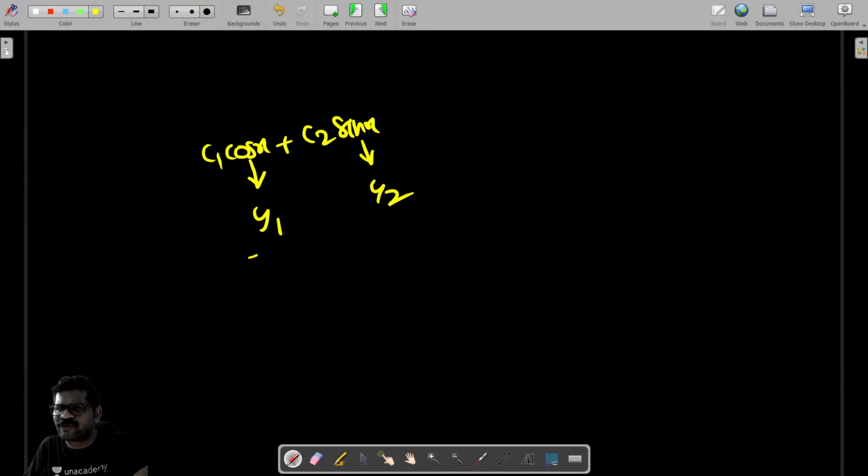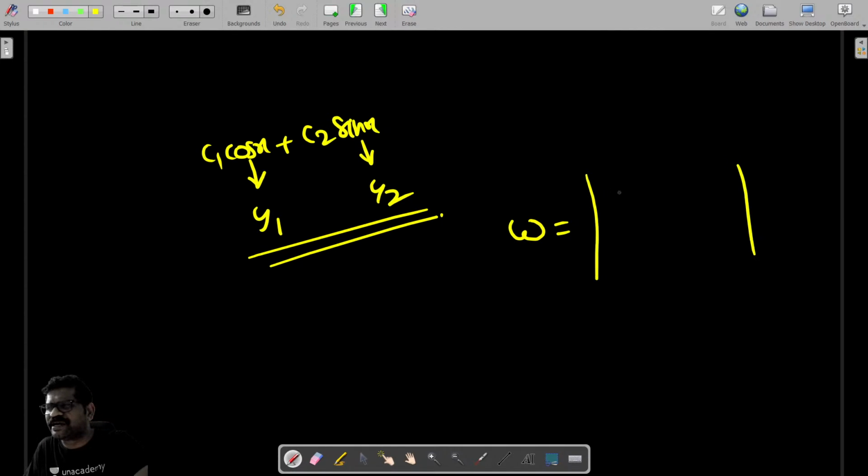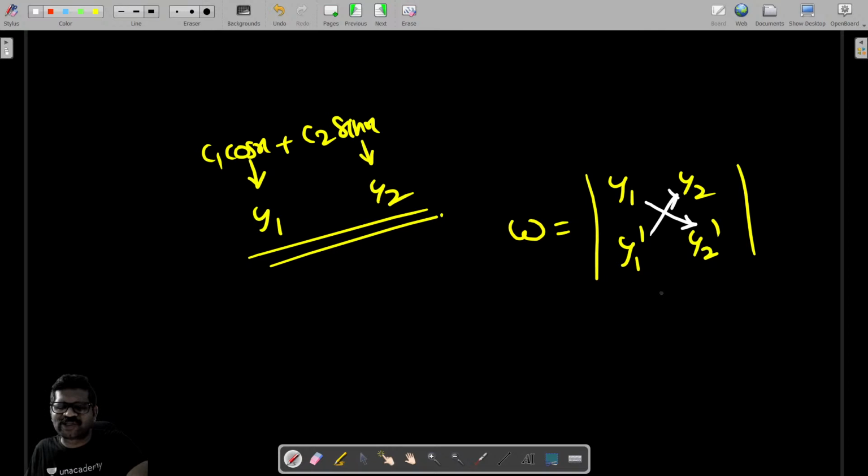When you have 2 independent solutions, your Wronskian is a 2 cross 2 determinant: y1, y2, y1 dash, y2 dash. You multiply y1 with y2 dash and y1 dash with y2. Just by the determinant value, you can get the Wronskian. That is for 2 cross 2.